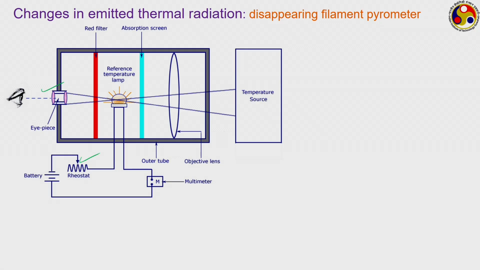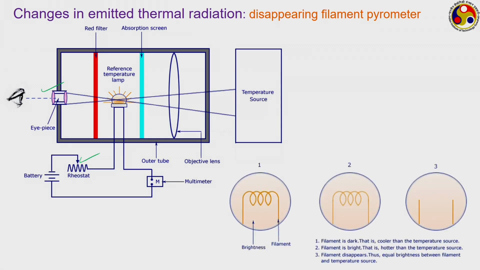Our idea of the observation here, it is a purely observation based device, is something like this. When the filament is visible as dark compared to the main source, then the filament temperature must be lower than the temperature of the source. When the filament is appearing lighter compared to the source, then it must be at a higher temperature, because it is emitting more white light, or emitting more from the whiter section of the visible spectrum.